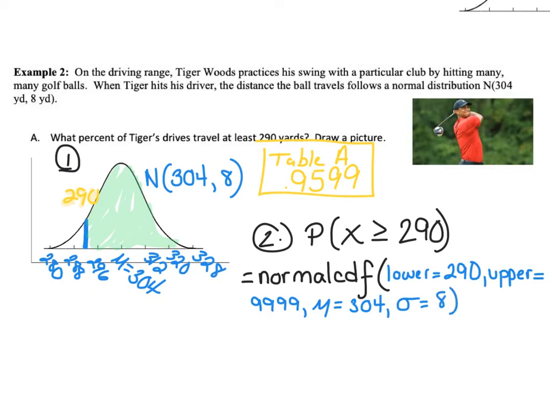And then you say that all of this equals your decimal, 0.9599, the calculator output. And then you state your conclusion in sentence form.